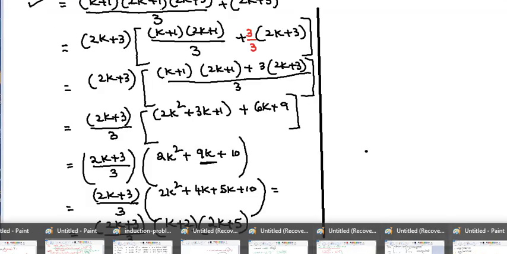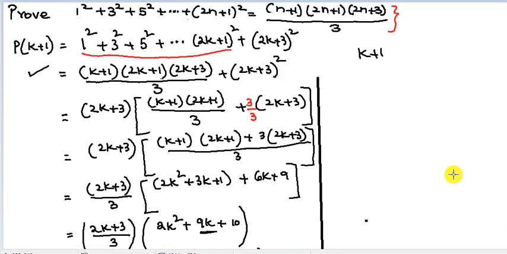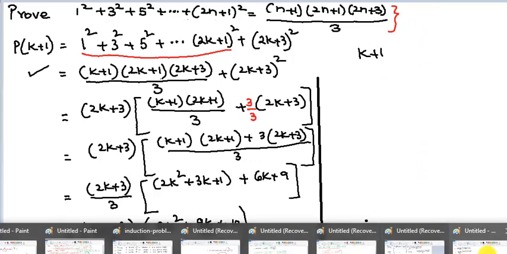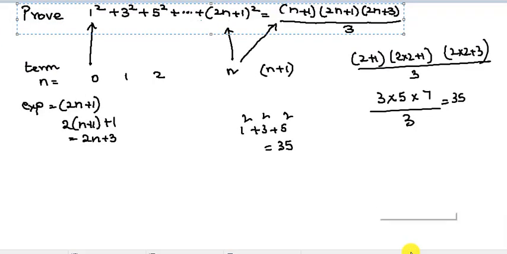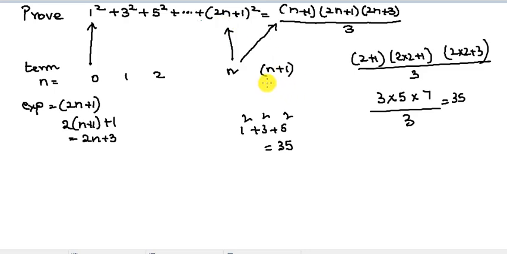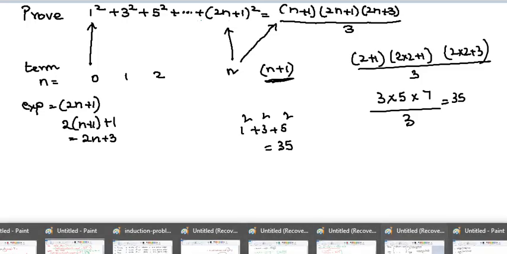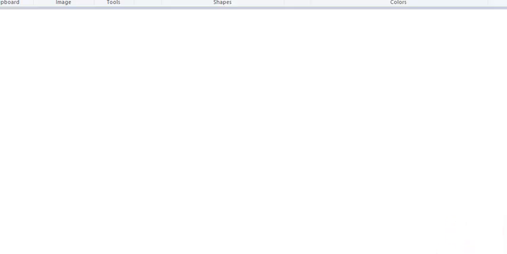Where is it? Okay, I think we erased that, right? Didn't we? No, I think we have one more to go. There it is. We are trying to express everything in n plus 1, which is k plus 1. Let's go there.